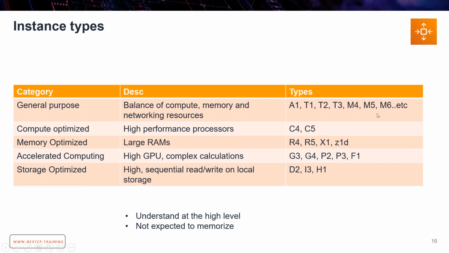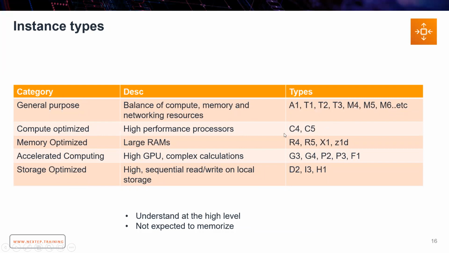Some of them come with more RAM, some come with a minimum number of CPUs, etc. You don't need to remember the types at all, but I just wanted to give you a high-level overview, right? These types are the perfect balance of compute, memory, and networking resources.